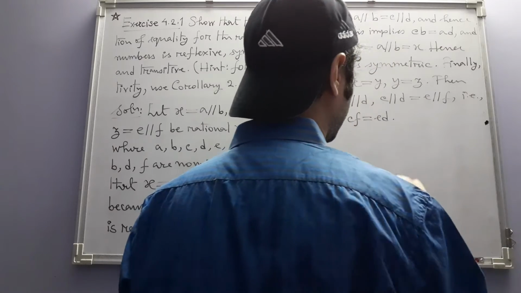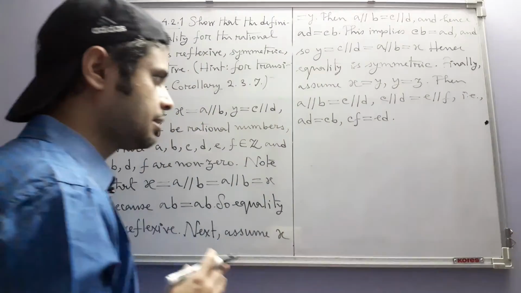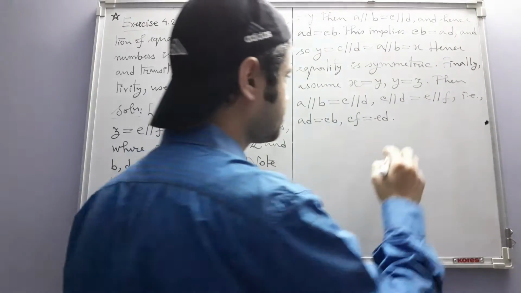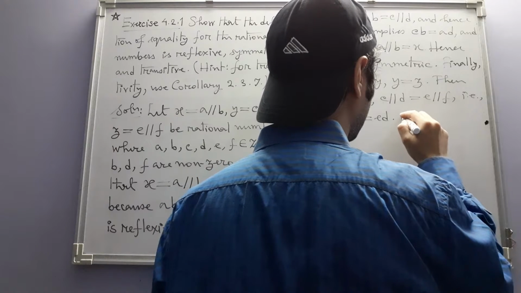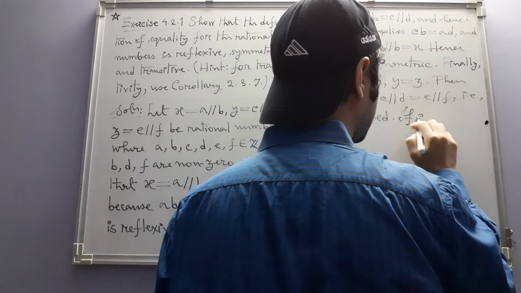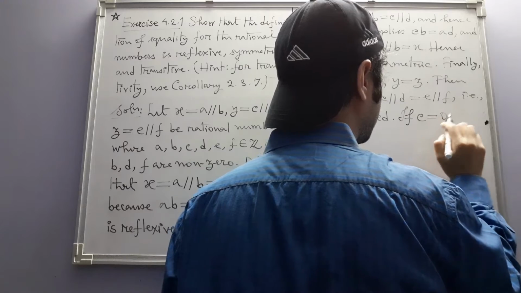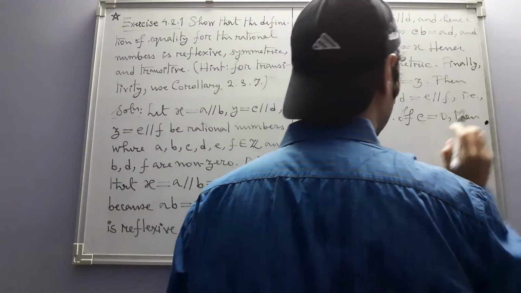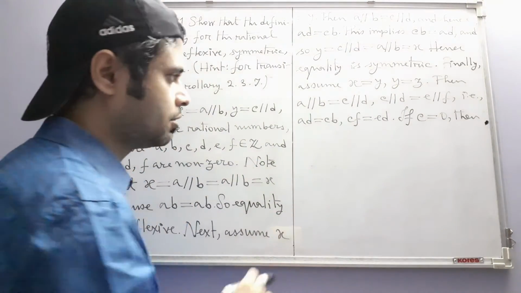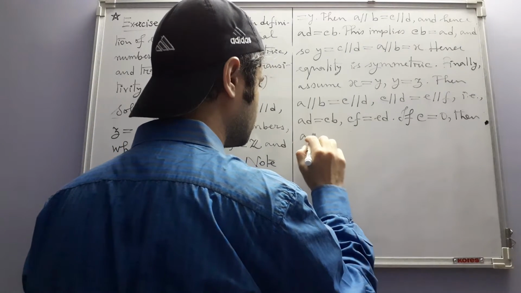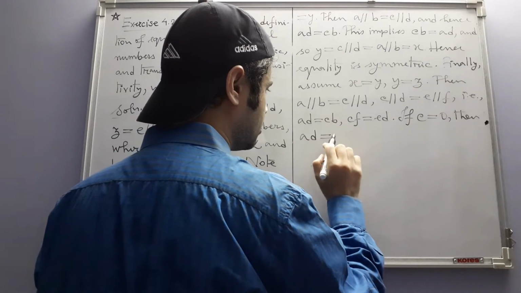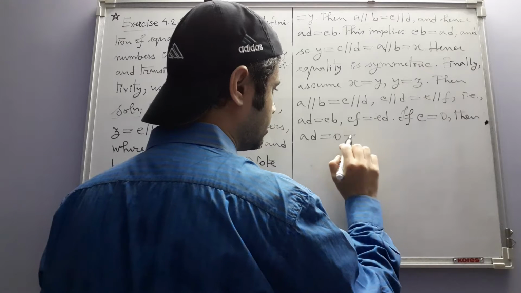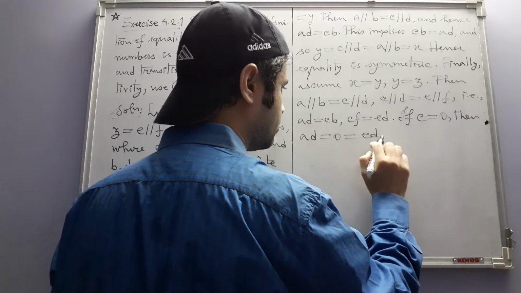Okay, so for that, now two cases arise actually. If c is equal to 0, then what do we get from these two equations? Then ad is equal to 0 and that is also equal to ed.